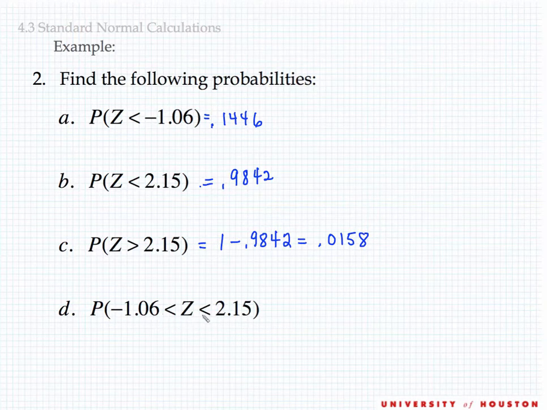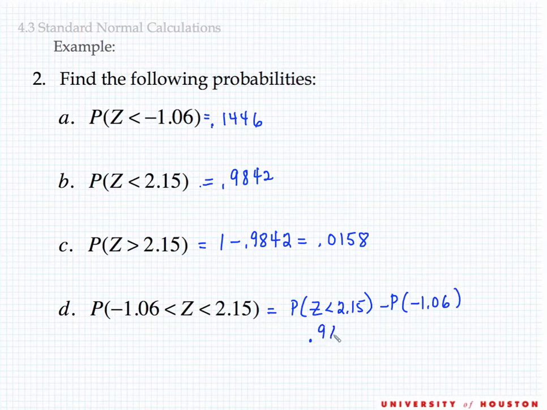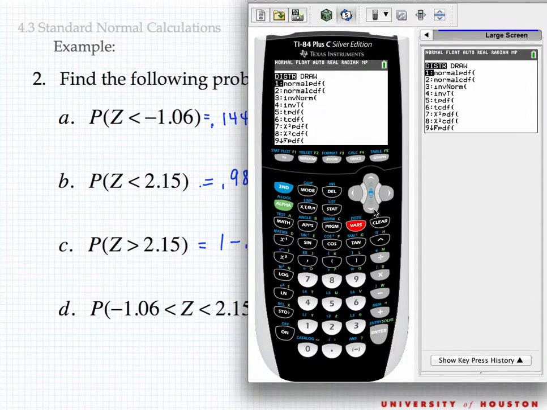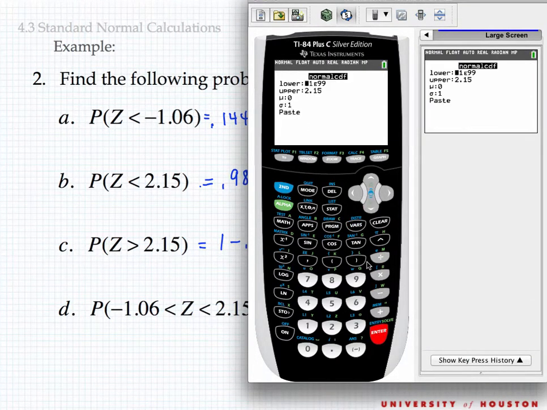And when I have an interval, I can use my calculator, or I can subtract the larger probability minus the smaller probability, which will be 0.9842 minus 0.1446, which gives me 0.8396. On the calculator with the normalcdf, my lower limit is the negative 1.06 and my upper limit is the 2.15.